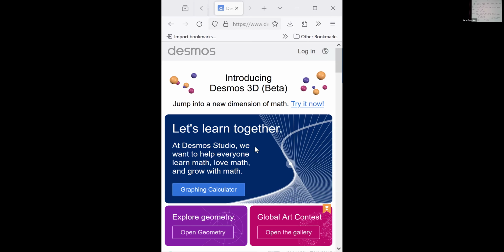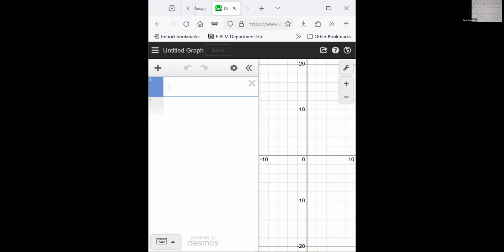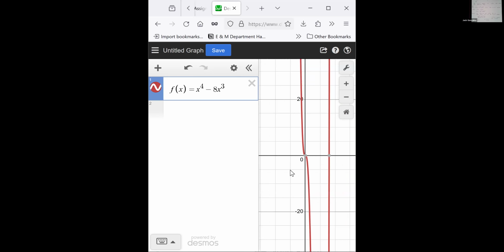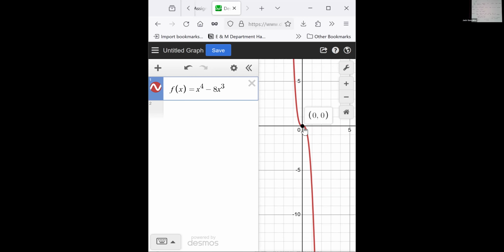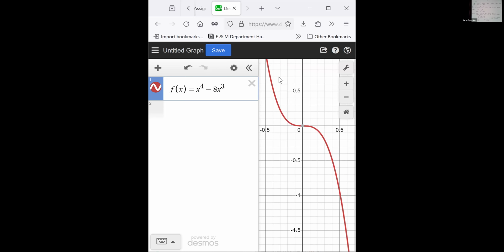Okay. So the original is x to the fourth minus 8x cubed. Here's our graph. So right there, remember at 0 we have a critical number. So critical numbers could be multiple things. Here, it goes from increasing to decreasing. This is called the point of inflection, which we'll talk about more later.